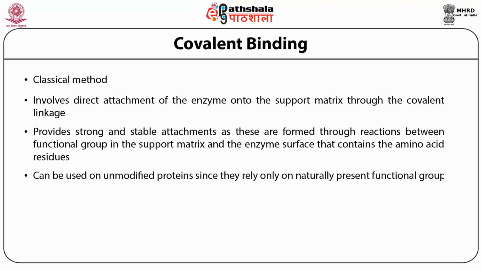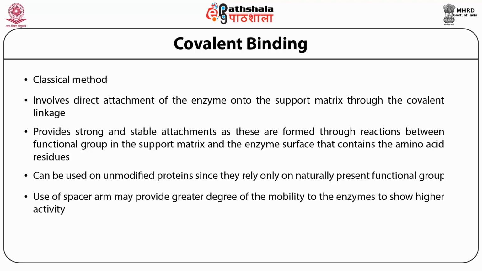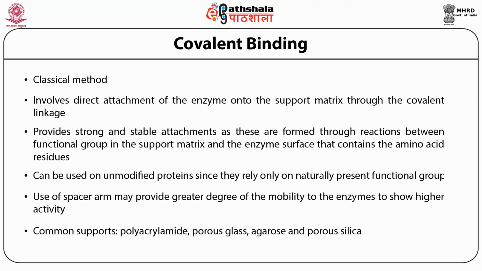It can be used on unmodified protein since it relies only on naturally present functional groups. Use of a spacer arm may provide a greater degree of mobility to the enzyme to show its higher activity, and the common support matrices used here are polyacrylamide, porous glass, agarose and porous silica.